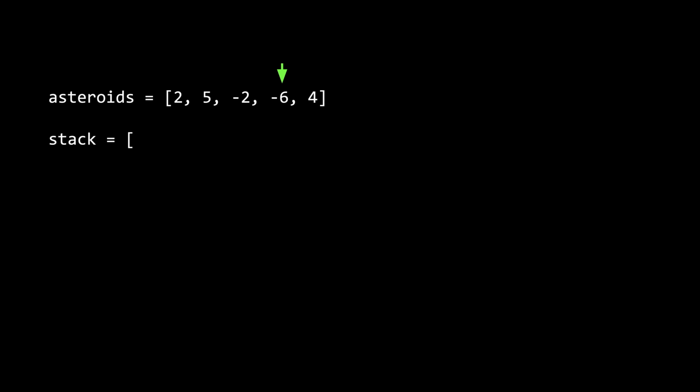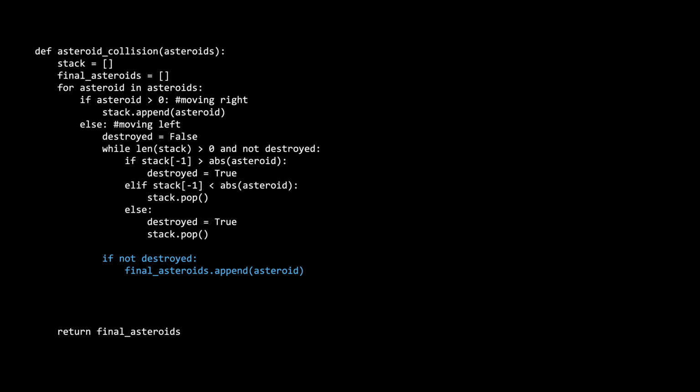And then the stack became empty. So in that case, remember that we concluded that since this was a left-moving asteroid and there were no more right-moving asteroids it could encounter, then this asteroid was guaranteed to make it to the final asteroids list, and we should append it to the final list.